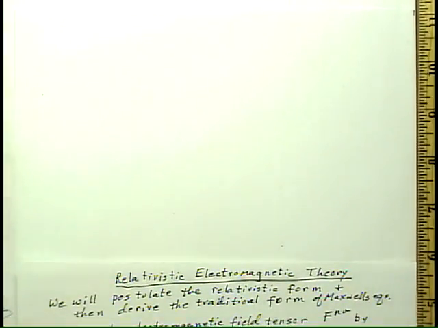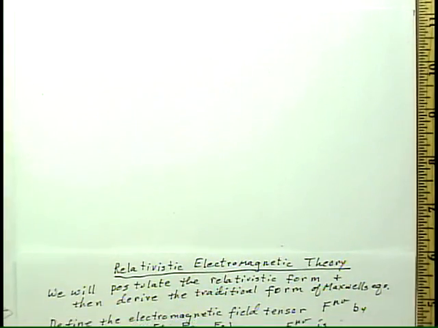The way that we have normally written those in terms of the electric and the magnetic fields is not the natural way, it turns out, to see these things. Rather, the electric and the magnetic field are two manifestations of the same thing. We will postulate the relativistic form, and then we're going to derive from that the traditional form of Maxwell's equations.